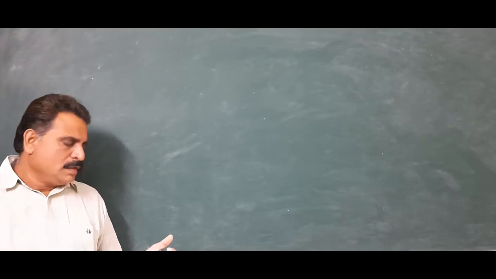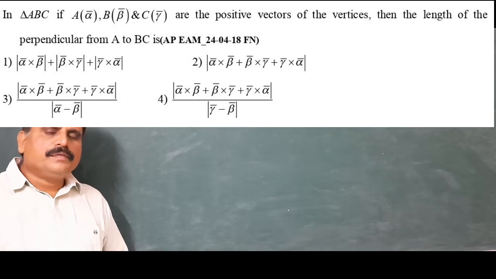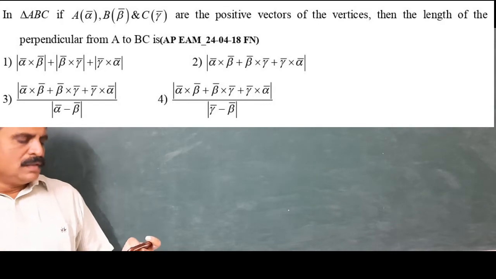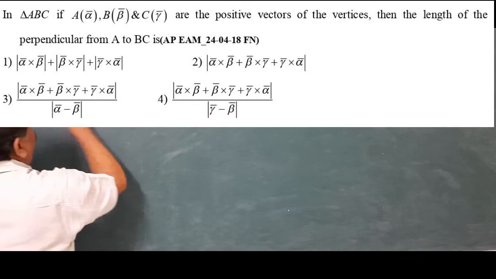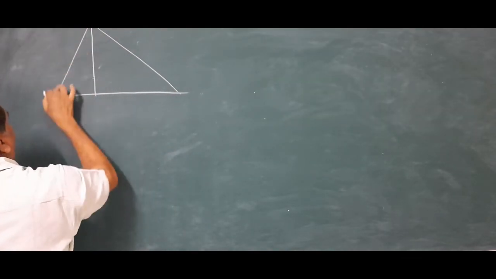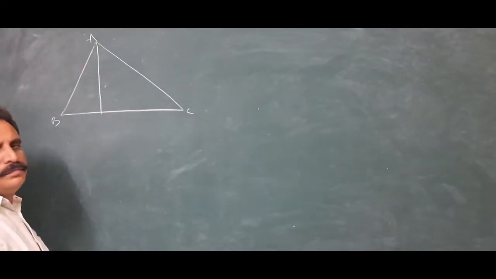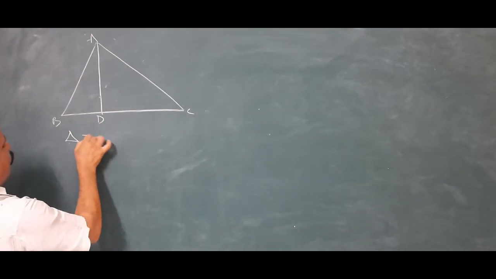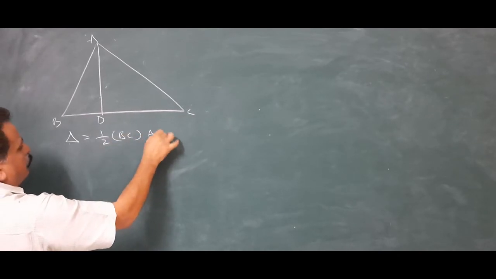Next question. In triangle ABC, if A alpha, B beta, C gamma are the position vectors of the vertices of the triangle, then find the length of the perpendicular from A to BC. Look here, the perpendicular is AD. Area of the triangle is half into base into height, base BC, height AD.